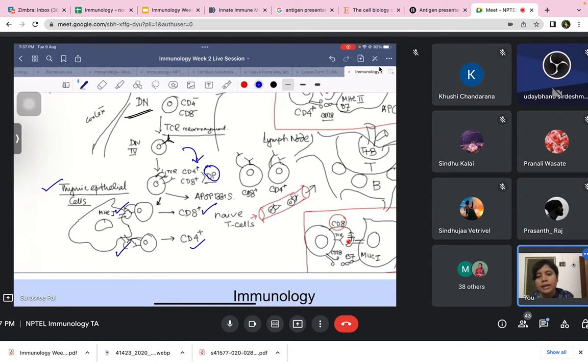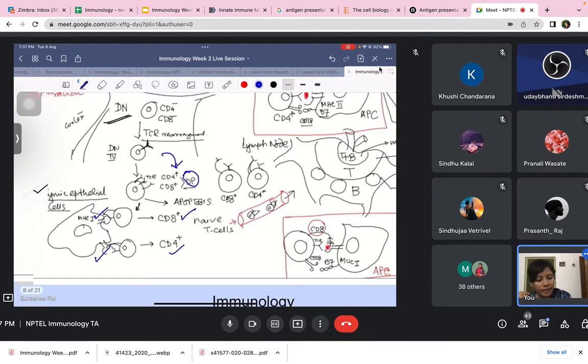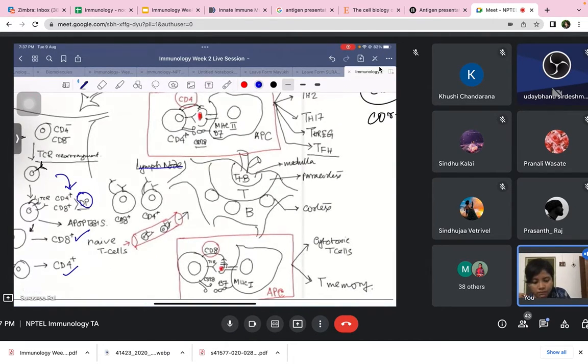All right. Now these T cells will migrate. So they undergo several rounds of differentiation in the thymus, after which they now migrate to the lymph node. They migrate to the lymph node, and in the lymph node there are several zones where the T cells and the B cells reside.